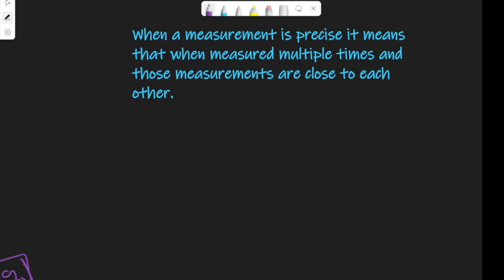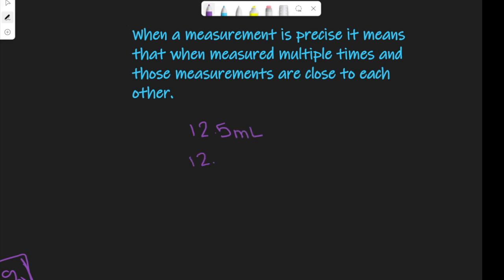When a measurement is precise, it means that when measured multiple times, those measurements are close to each other. So let's say, for example, that you measure the volume of that water. You have 12.5 milliliters.